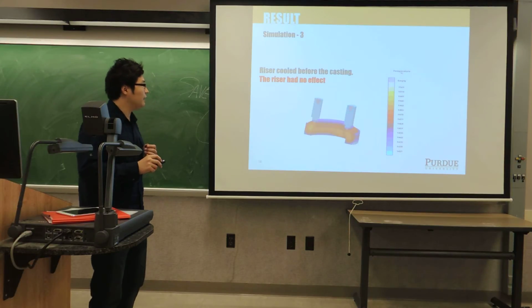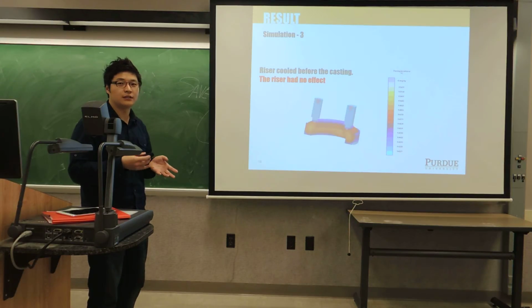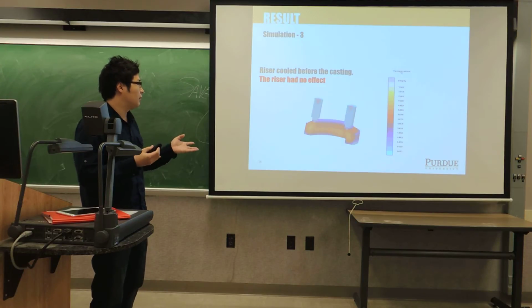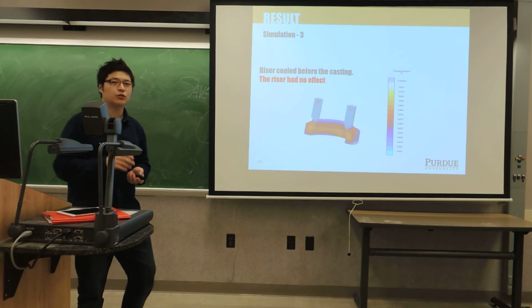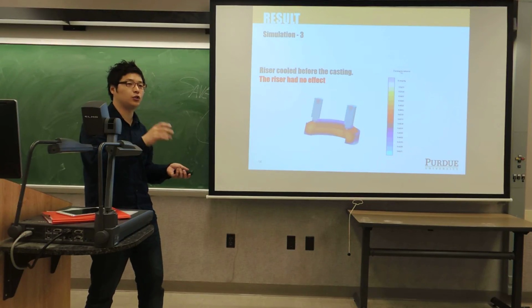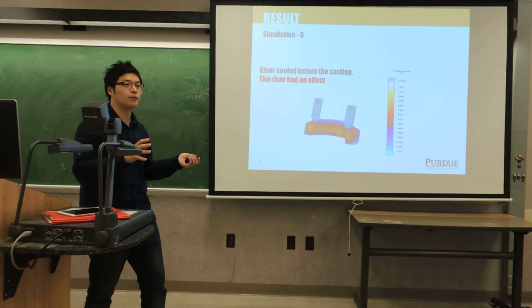So I ran the temperature analysis using the Magma program. And this is the riser. The function of the riser is to provide liquid metal to the cavity, to prevent porosity.